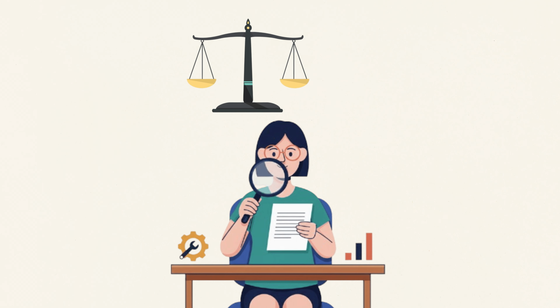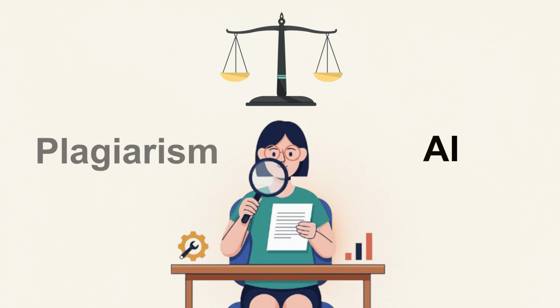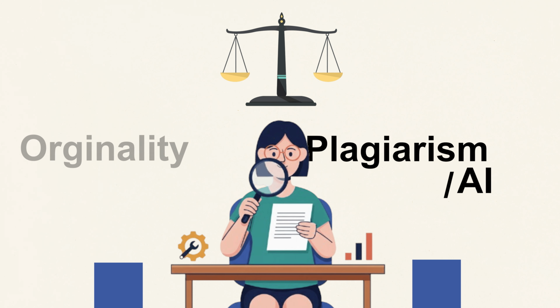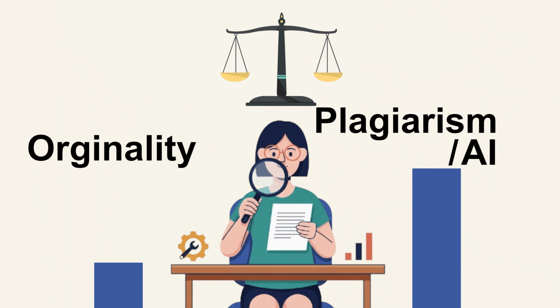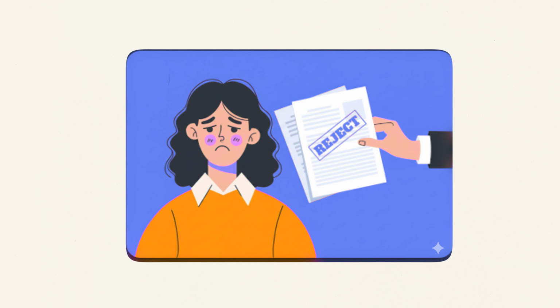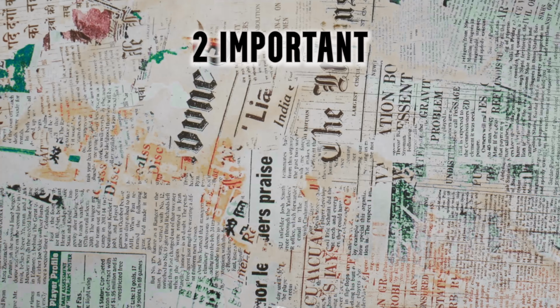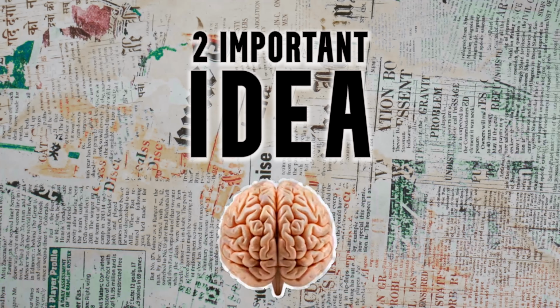They can check the AI, they can check the plagiarism, and once they find that this is a more AI-dominated research article, they might give you a desk rejection. In order to avoid the desk rejection in a Q1, Q2 journal, I can share from my experience two important ideas which you can use for your research publication.